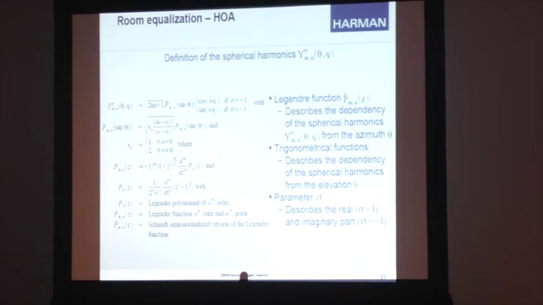So the math behind it: first of all, I want to talk about the spherical harmonics. How are they mathematically described? You can split it in two parts.